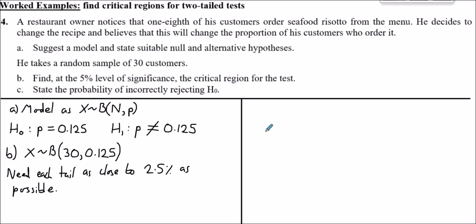Again, we need to start by looking at the lower tail. So we know that we've got 30 trials, or 30 customers, each one can be considered a trial. The probability of a particular customer choosing the risotto based on previous experience is 1/8. So we need to put these parameters in.